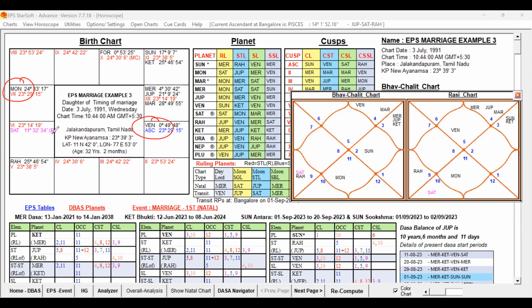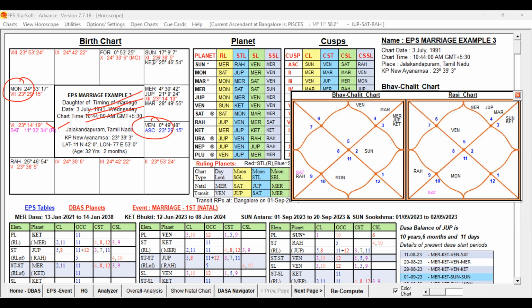Saturn is posted in the Capricorn sign, but as per the degree it is in the 5th house. So the 6th Lord and 7th Lord Saturn posted in the 5th house is good. Saturn is aspected by Mercury, Jupiter, and Mars by 7th aspect.